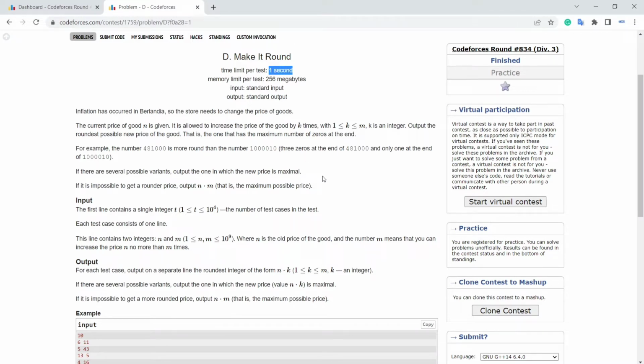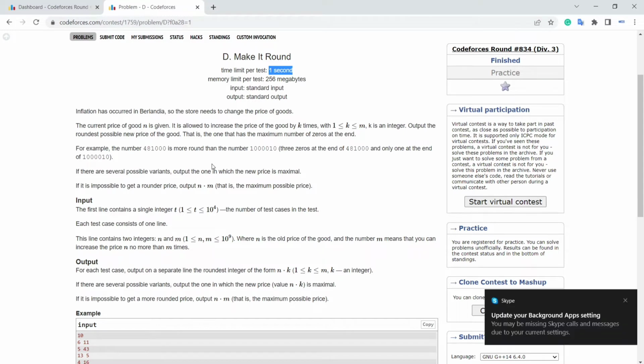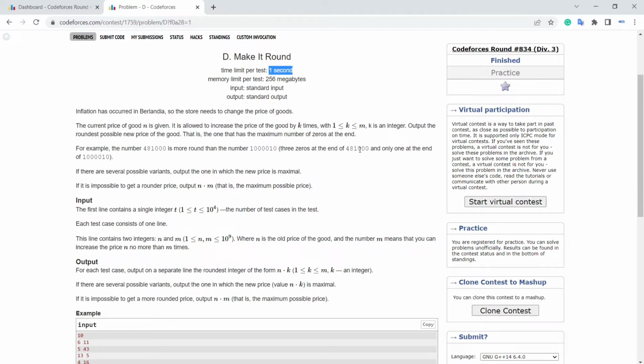So the better approach is to find a number less than or equal to M, such that when you multiply it with N, it gives the maximum number of zeros behind the result.